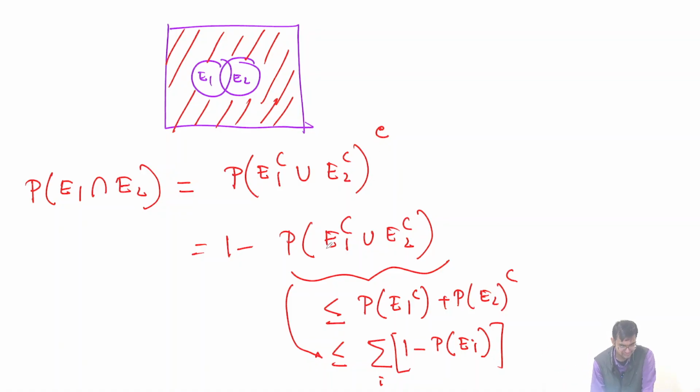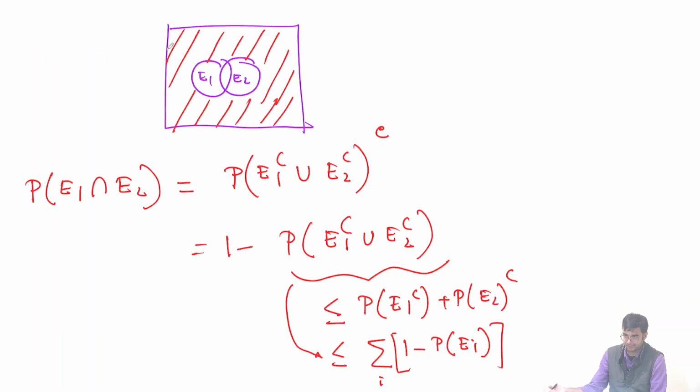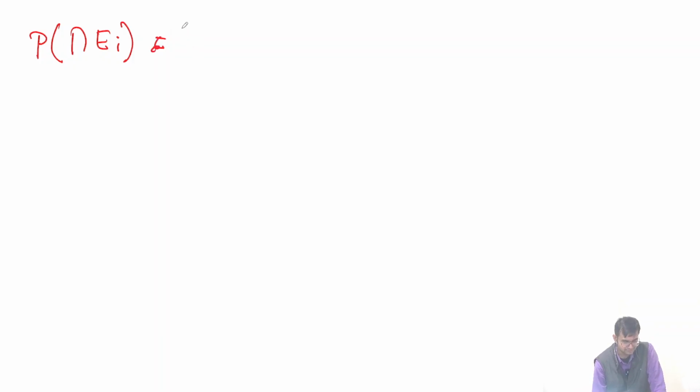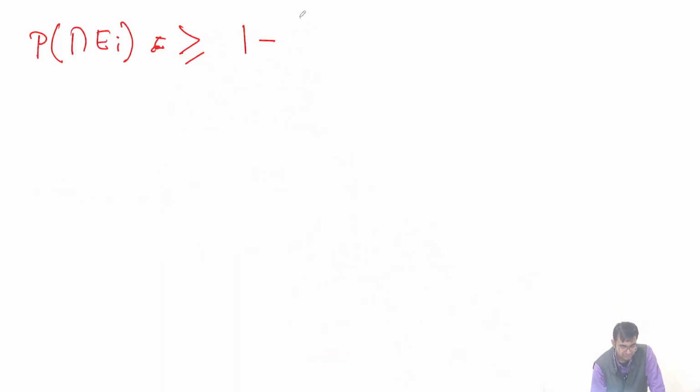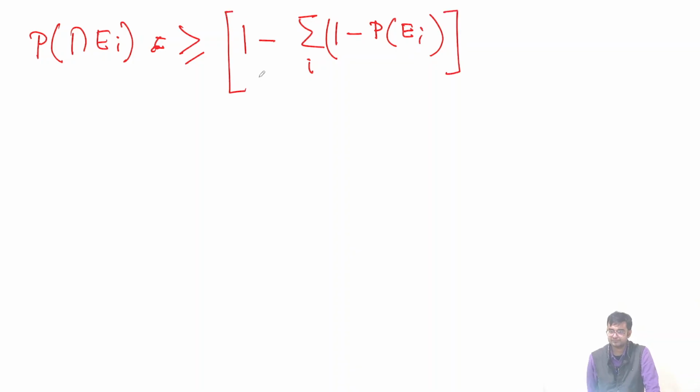So what you will end up with is the probability of the intersection of Ei is greater than or equal to 1 minus, and because of this minus sign, the less than is becoming greater than, the summation over i of 1 minus P of Ei. Okay.